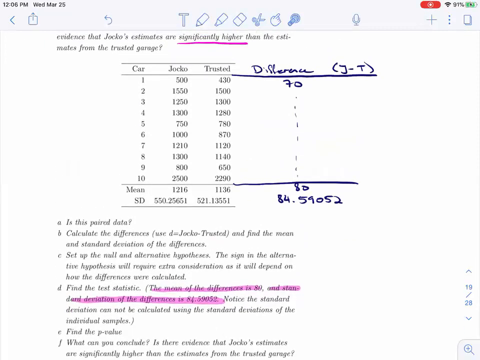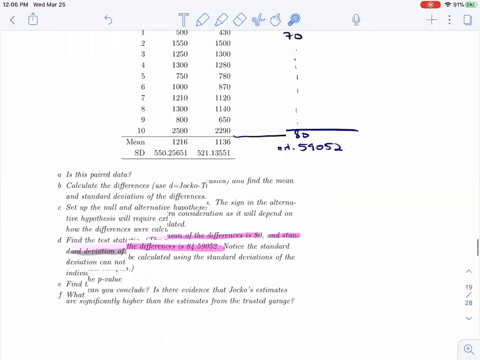A lot of people usually get hung up on the fact that the differences here translate to 80, but not the differences here for the standard deviations. That's just how we calculate the standard deviations. They don't translate that way, so we have to calculate these individually. It might be good to do a refresher: calculate all these differences, find their mean, find their standard deviation.